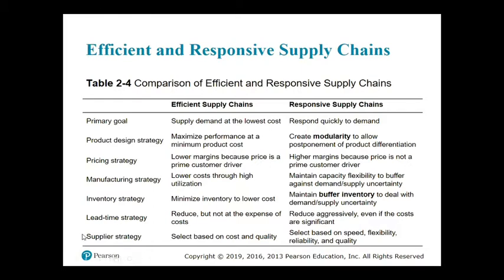Supply strategy, so in terms of sourcing, efficient supply chains focus on the cost of suppliers and also quality. And responsive supply chains will also look at how responsive the suppliers are, how flexible their production processes are, what's their reliability in addition to cost and quality.